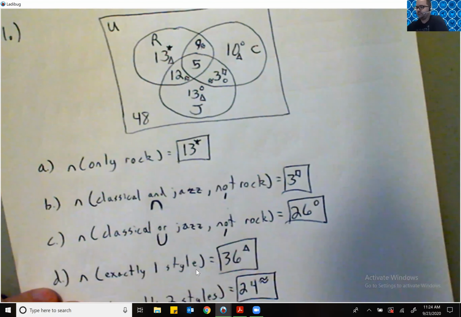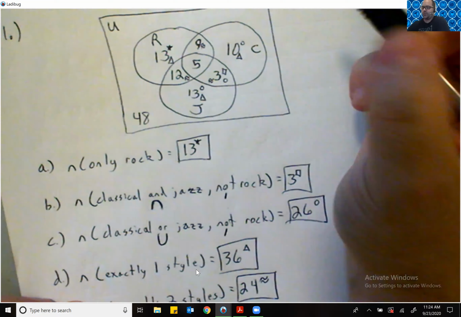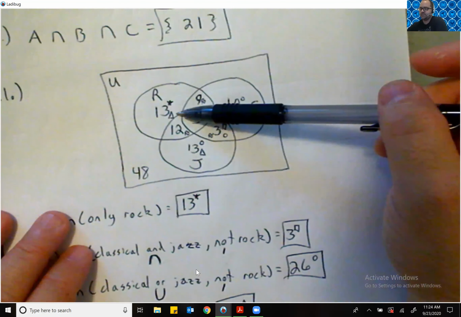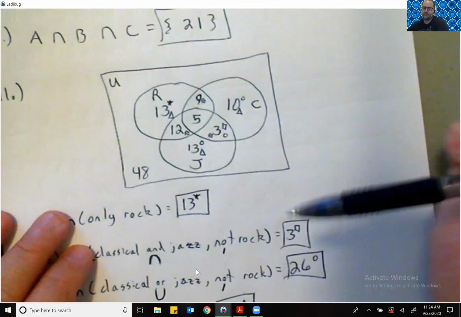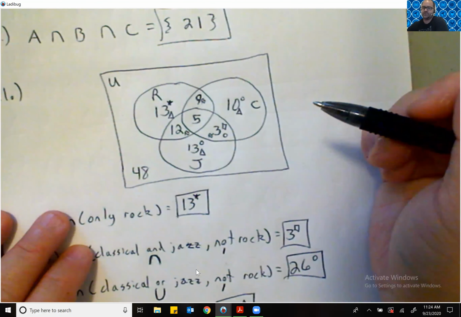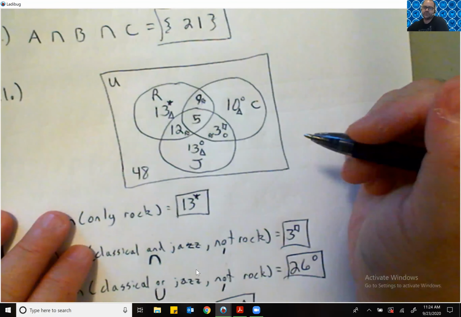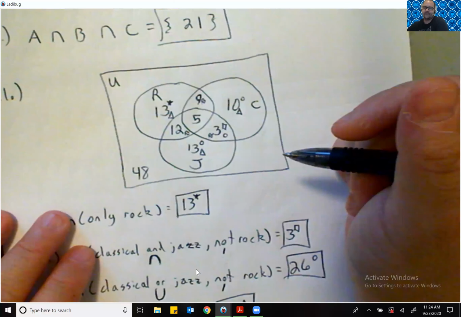And there you go. It's going to be very important that you get your Venn diagram right. Otherwise, these numbers are going to be off. So make sure that you're really, really careful on that.